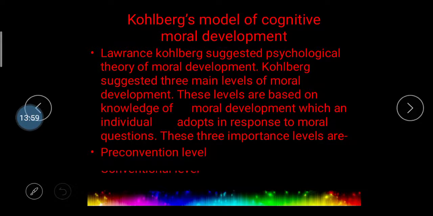Then the second level is the conventional level. In the conventional level of moral development, the norms of one's family, group or society are accepted as the final standard of morality. These norms represent authority and are hence adopted without question.